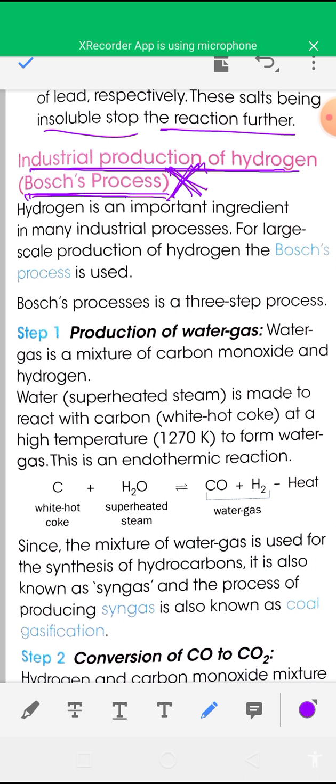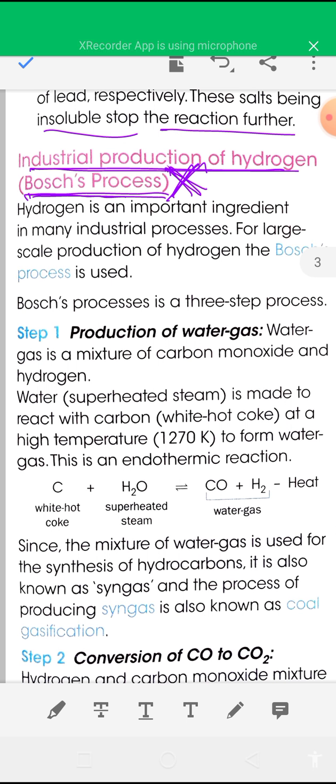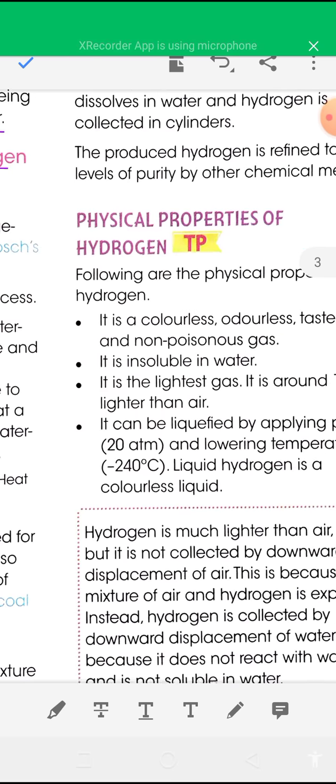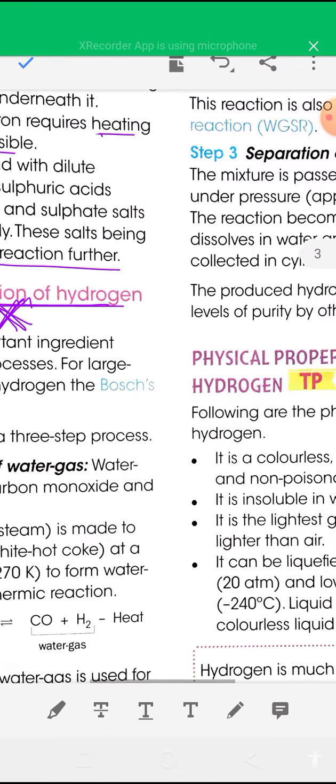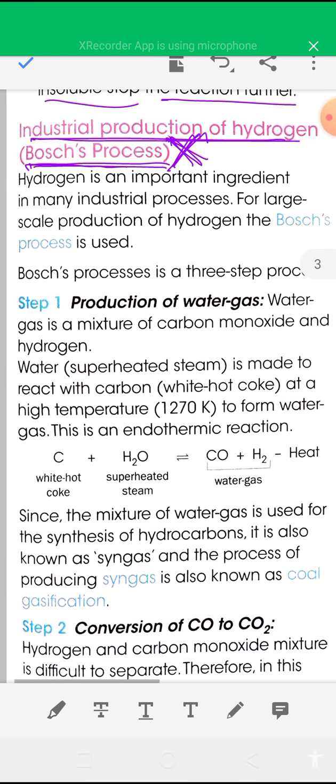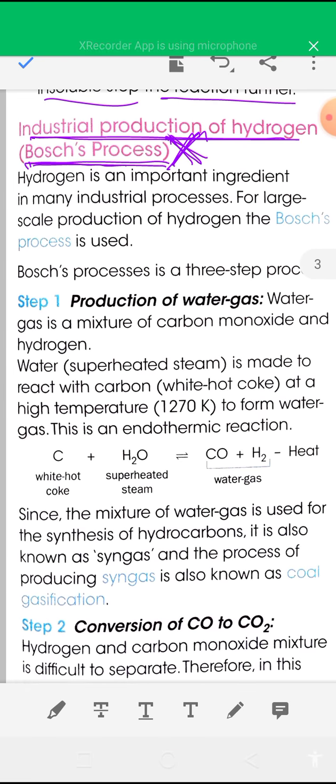You will study about the Bosch process in class 9. From the class 8 syllabus I am excluding this topic. So industrial preparation of hydrogen is not required in class 8.